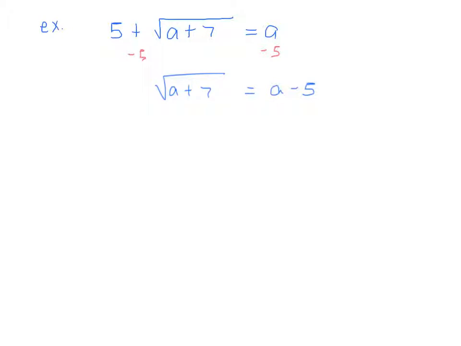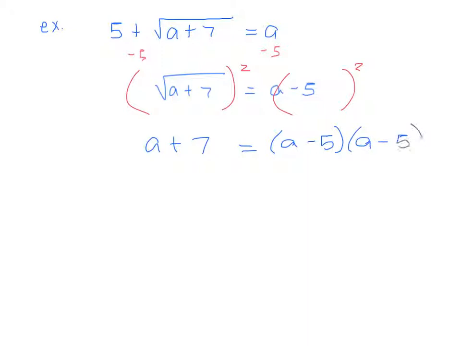Now at this point, again, we can see that we have the square root sign, which means that in order to get rid of that square root, we have to square that side, and so we also have to square this side. So we get on the left side a plus 7 is equal to a minus 5 times a minus 5. Remember that when you're squaring this, you're not just squaring a and then squaring negative 5. You actually have to do first, outer, inner, last. You have to distribute everything.